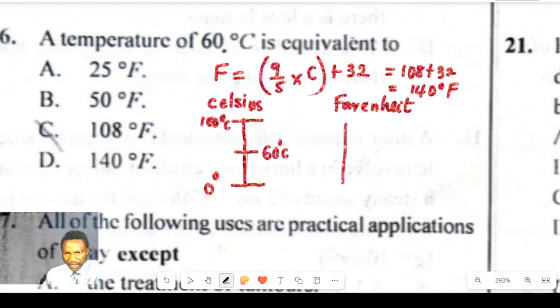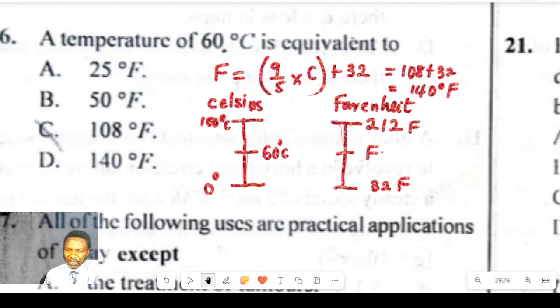Then here you have 212, and the lower fixed point is 32 degrees Fahrenheit. We want the equivalent, which is F.